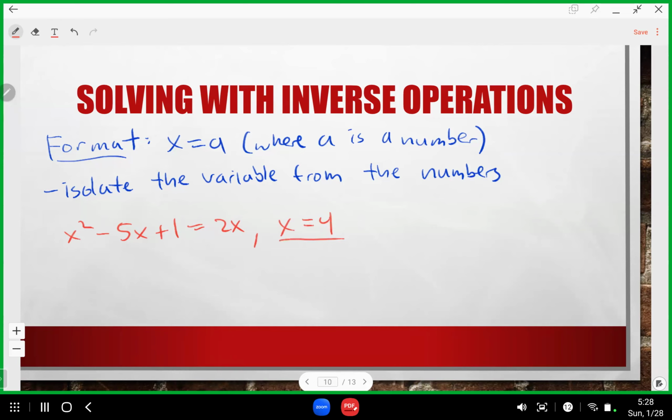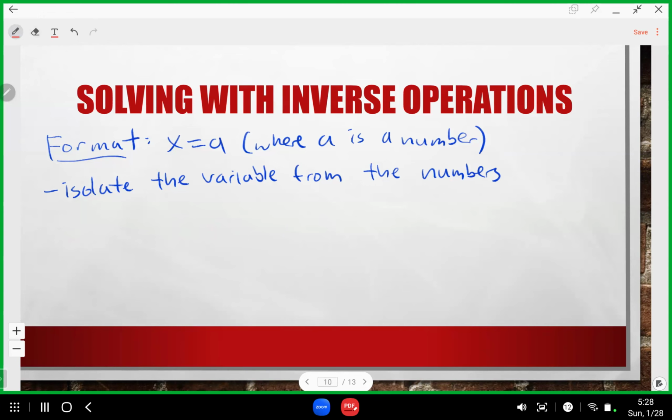So you need to manipulate the first equation in such a way that it becomes x is equal to 4, or x is equal to 5, or something. You need to use inverse operations to manipulate this equation into this format. That's how we solve for variables, by isolating the variables from the numbers.